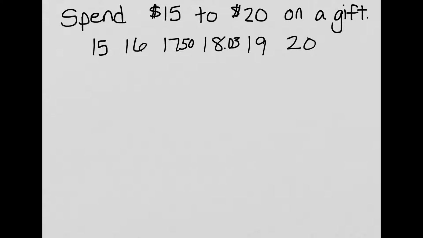Could you spend 15? Yeah. Could you spend 20? Sure. So what I'm saying here is that the gift, let's use G for gift, or C for the cost of the gift, is going to be between $15 and $20. So this is stuff that we talk about all the time in English, in real life.